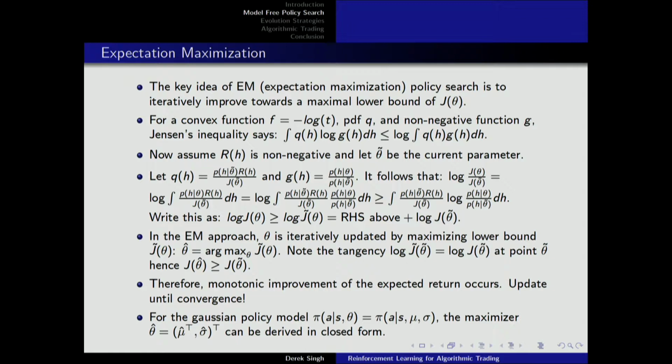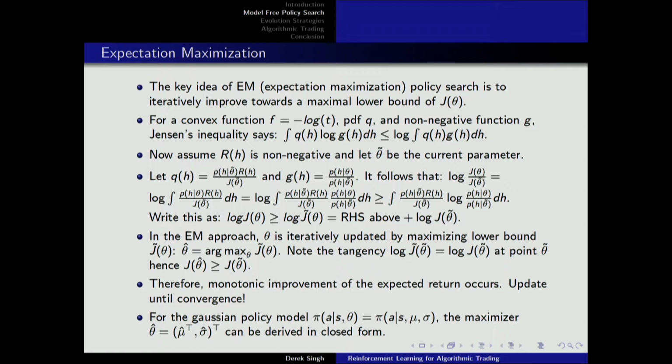So in this context, we have a function f. Log is concave, so minus log is convex. We have a PDF q, and we have a particular function g. Essentially we apply Jensen's inequality here on the log. Minus log is convex, so that's why you have to flip the signs. And we're going to exploit this property and try to maximize the lower bound.